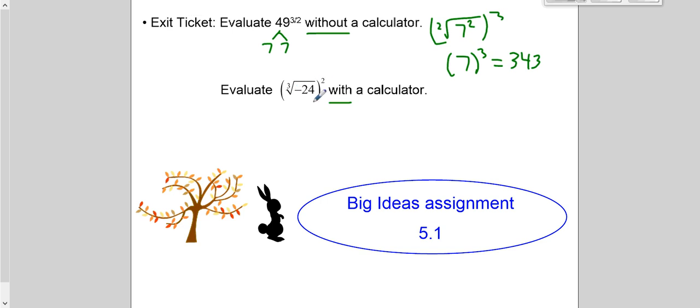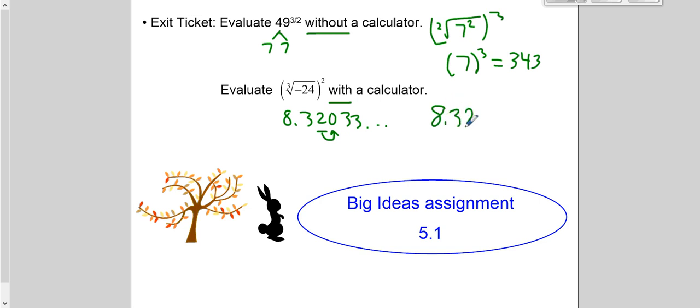Close the parentheses. And then up to the 2nd power. And we get, round it to 2 decimal places. It didn't tell us what to round to, so we're going to round to 2 decimal places, 8.32.